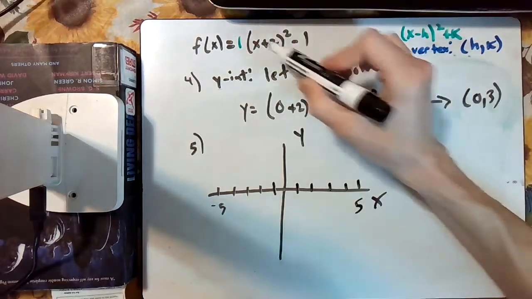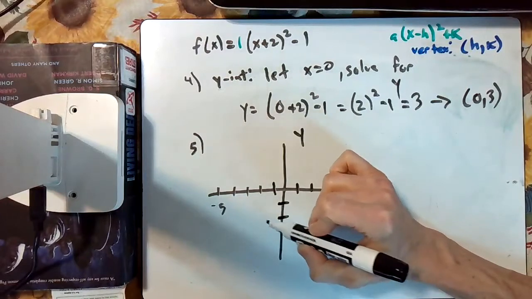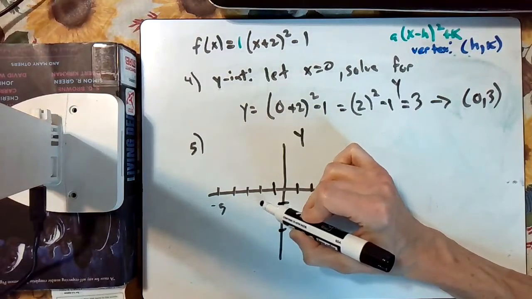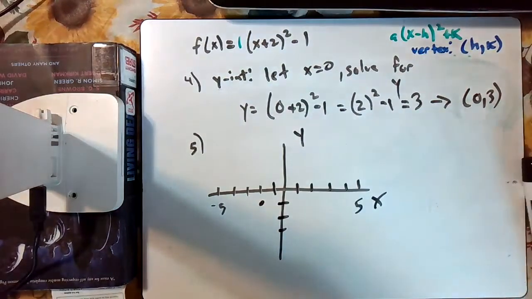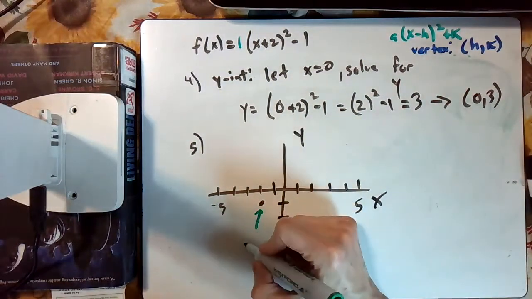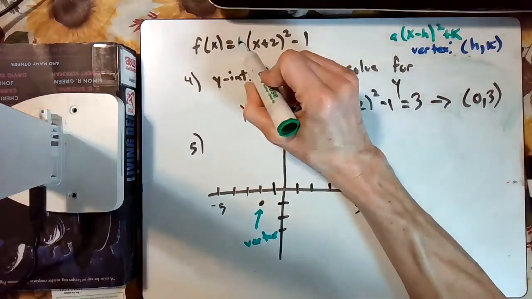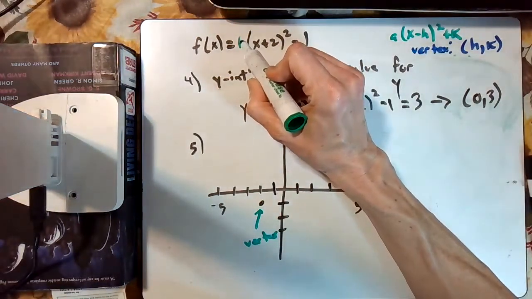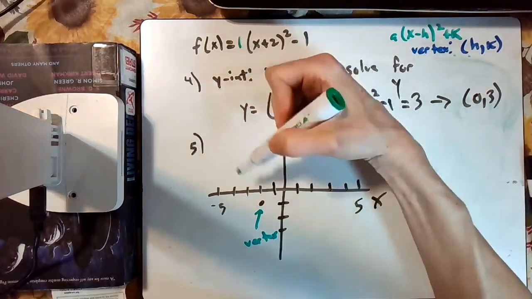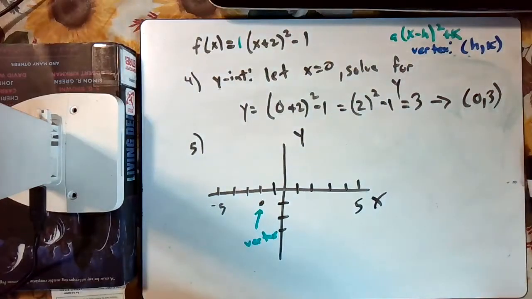So that, remember, the vertex was (−2, −1) down here. Negative 2, negative 1. Boom. There's our vertex. And since the a was 1, remember it was positive, it should open up. So our graph better be doing something like this, right? If it's opening down, we did something wrong.